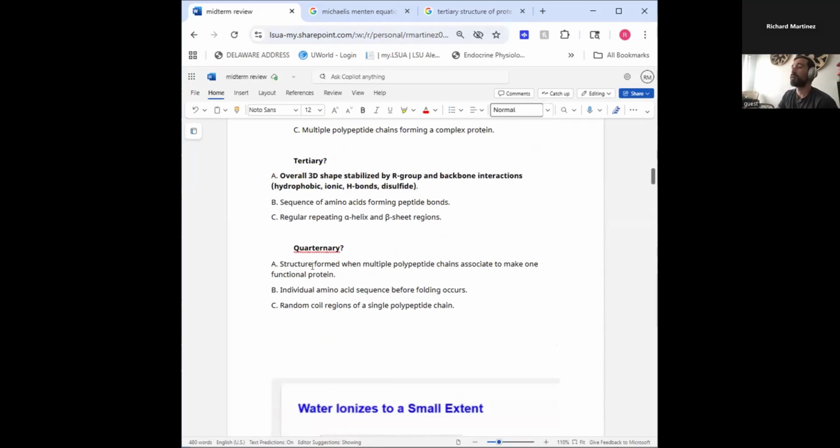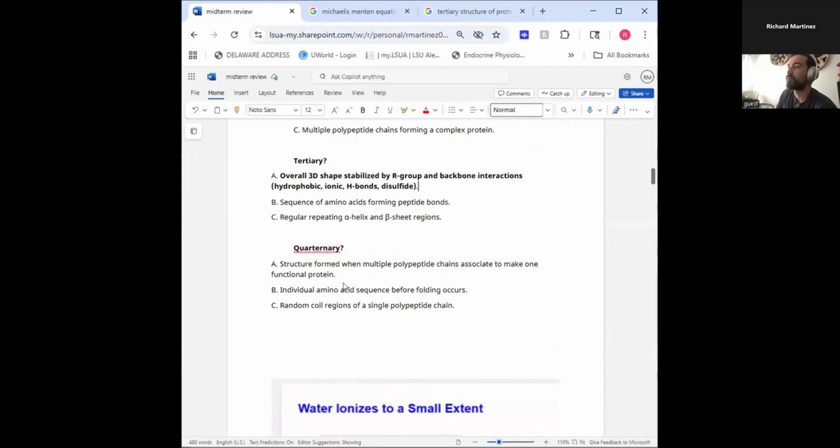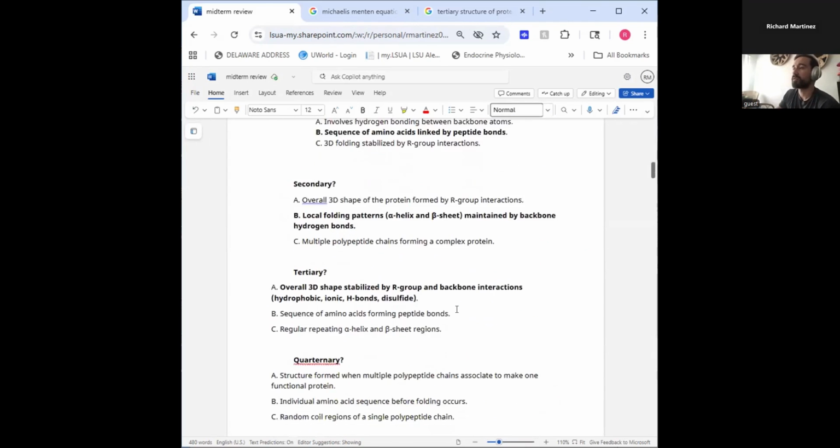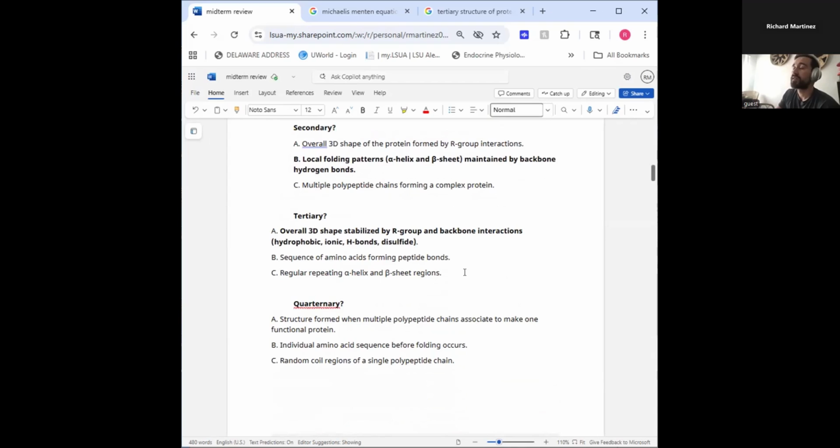Quaternary. What we've seen is this is a little bit more rare than you would think. We'll jump to the answers and see if there's something here that we've already gotten, because we've already answered primary, secondary, and tertiary, so we can immediately eliminate them.